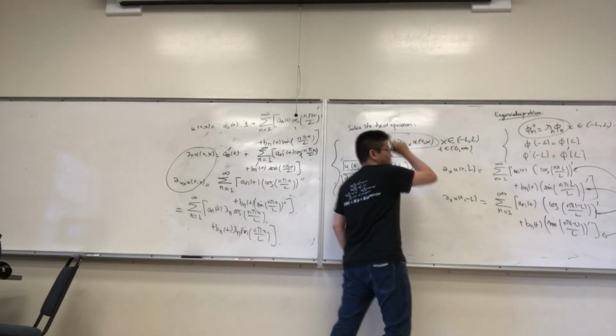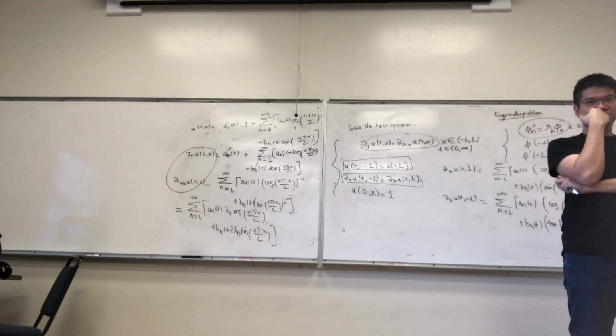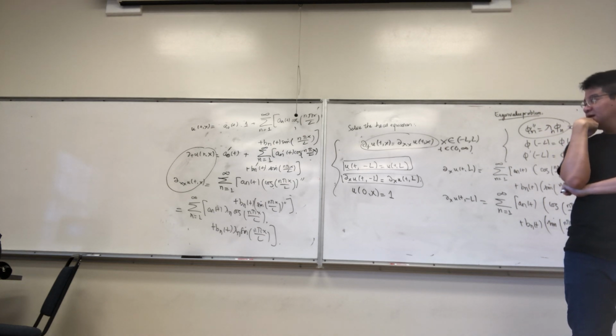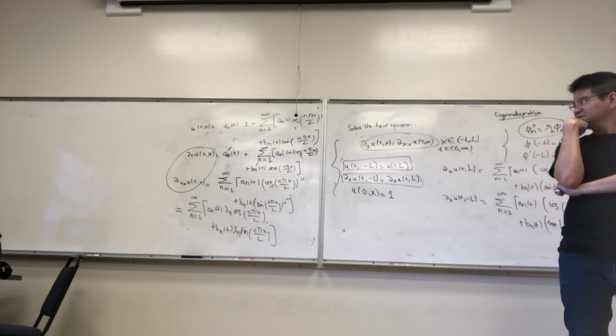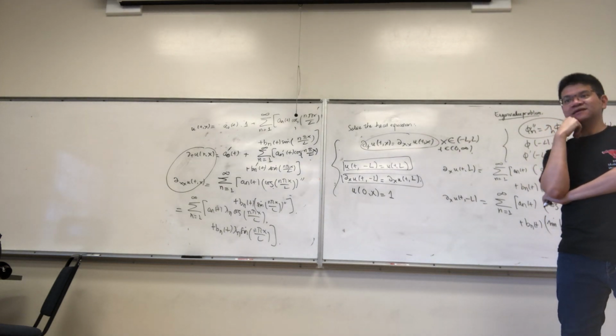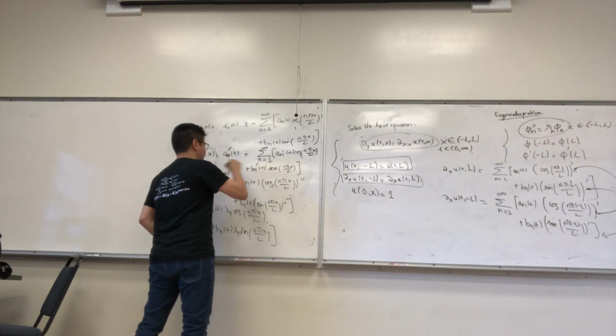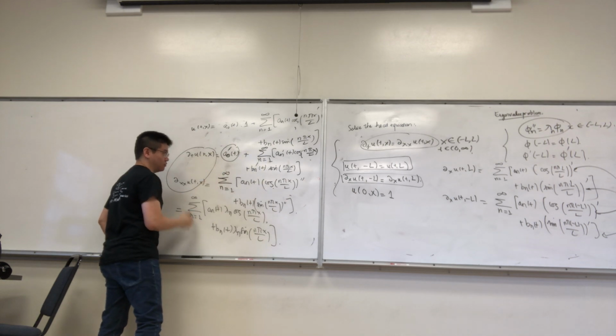So what can I say about the coefficients? A naught prime should be equal to 0, and an prime is equal to an lambda n. Bn prime is bn lambda n. So this guy has to be 0 because here you don't have it.